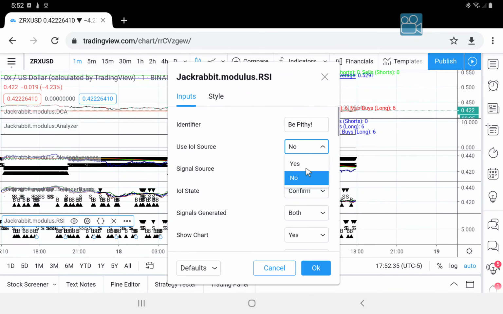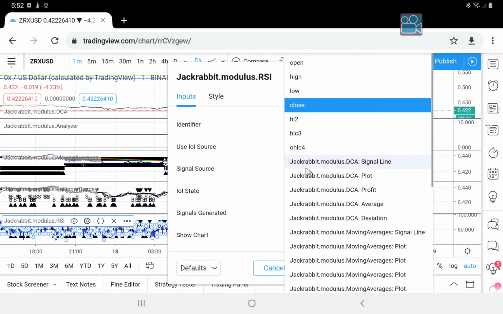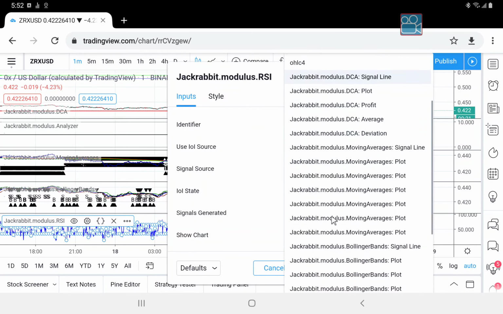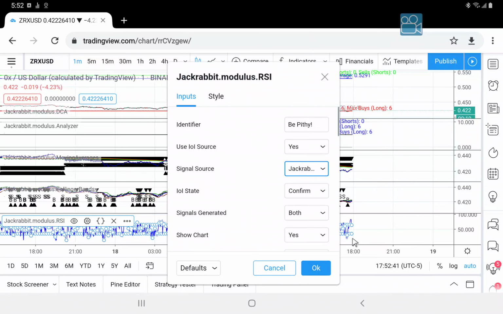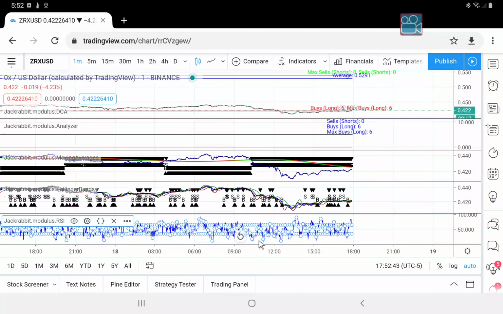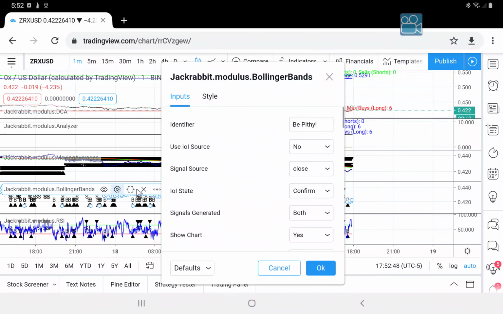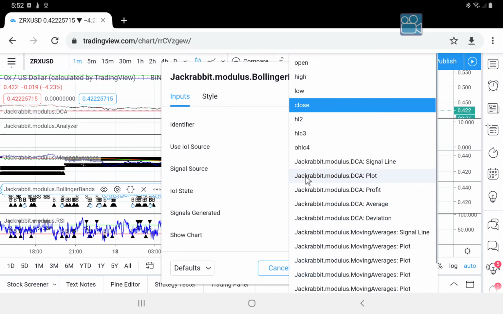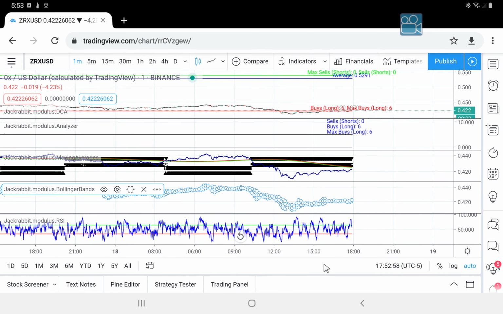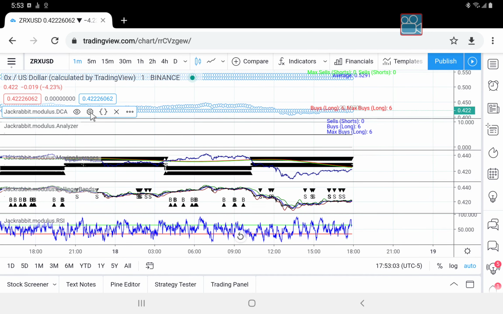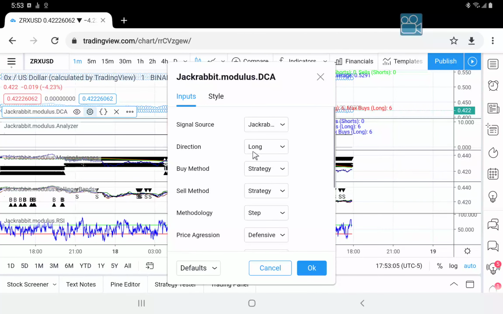So we put this on, go to Bollinger, and now from Bollinger, we'll go to moving averages. We'll have the Bollinger Band pull in the momentum. And now we'll couple the DCA to the final chain, which is the RSI.